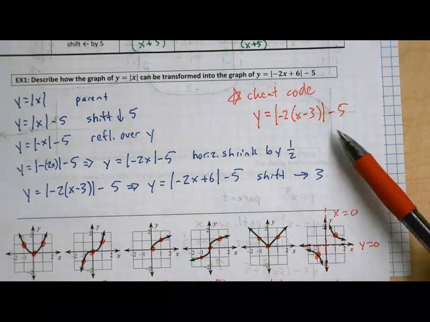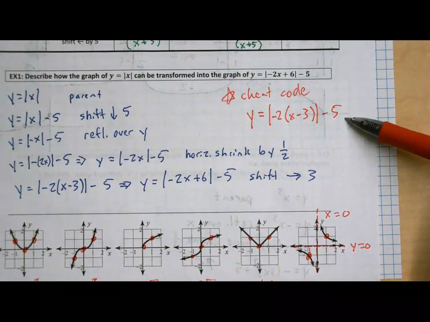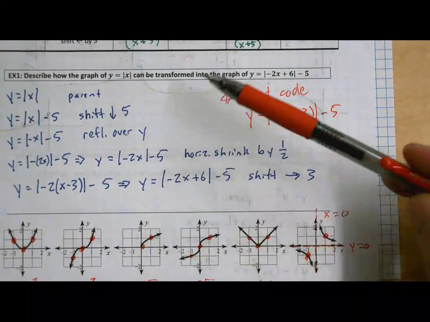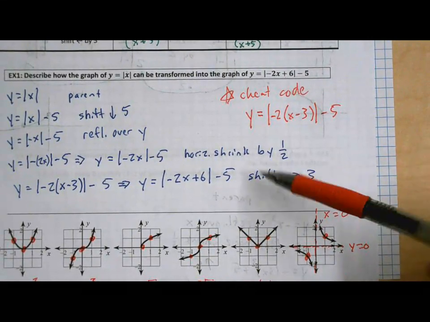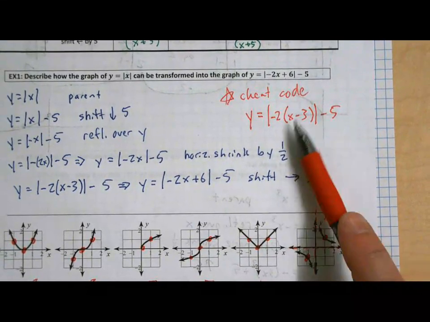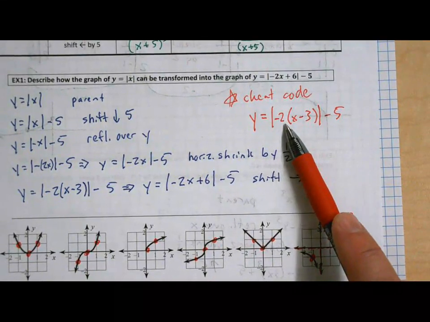So if I took this problem and wrote it in this format right away, then when it comes to figuring out how to do my shifts and my reflections and my shrinks and all that stuff, the rule would have been really simple. I would have done my shifts last, and I would have done my reflection and my shrink beforehand.